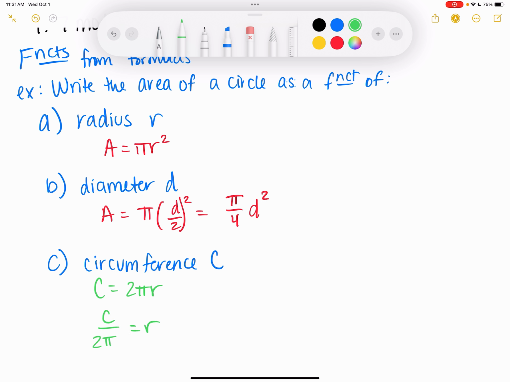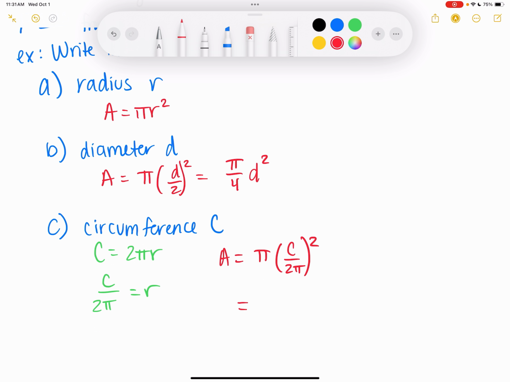So now, in the area formula, I'm going to replace r with c over 2 pi. So I'm going to end up with A equals pi times c over 2 pi squared, which is pi times c squared over 4 pi squared, which then reduces to c squared over 4 pi.